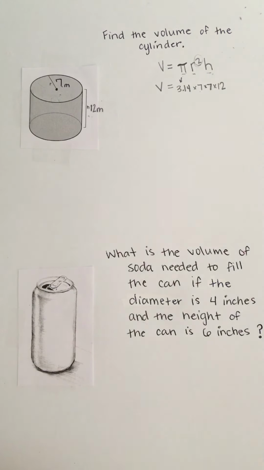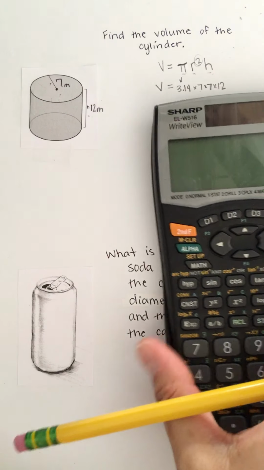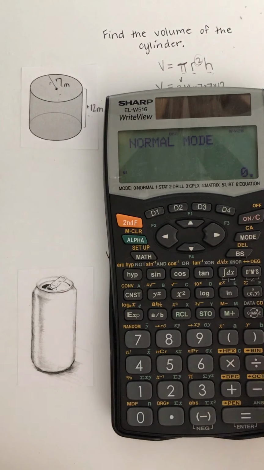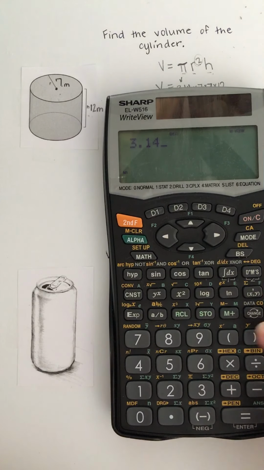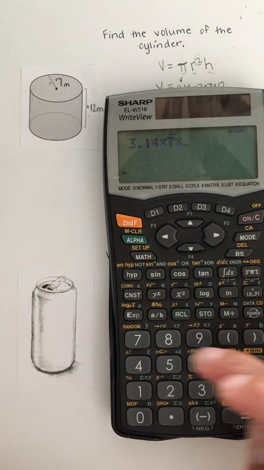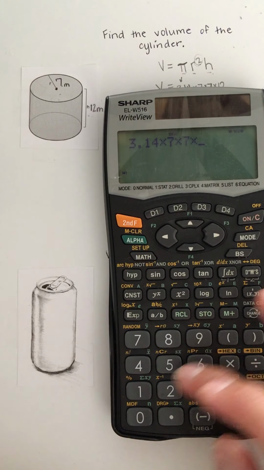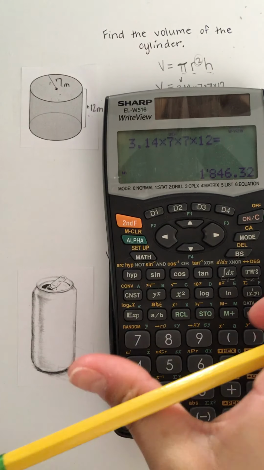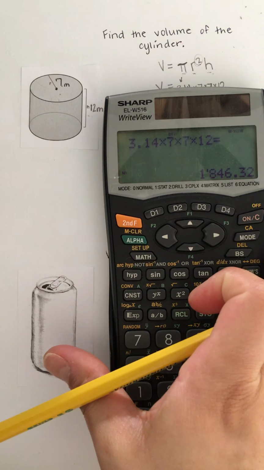And all you really need to do is put that in your calculator. Your calculator probably looks different than mine, but it doesn't matter. So 3.14 times 7 times 7 times 12. There's your volume, 1,846.32.